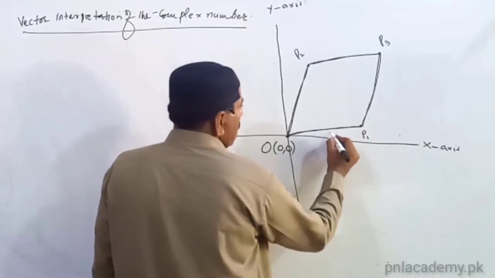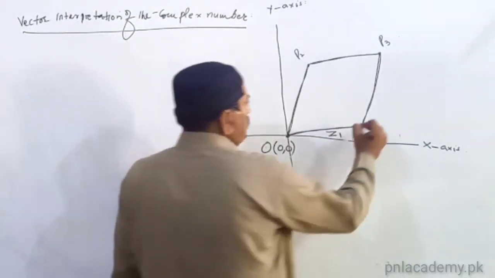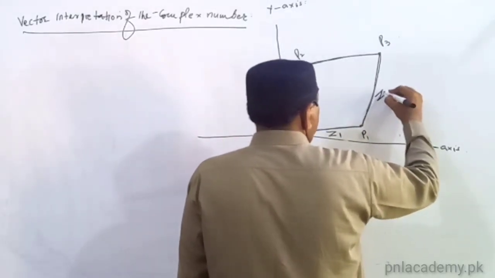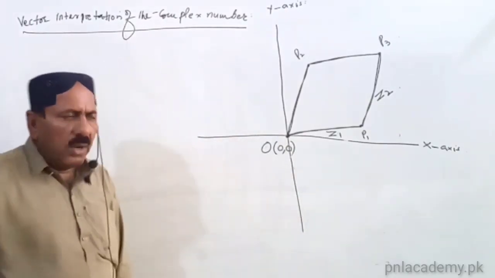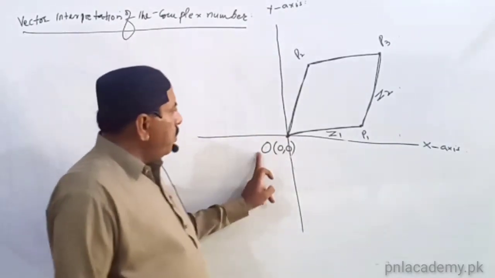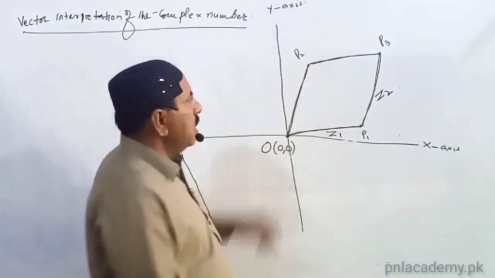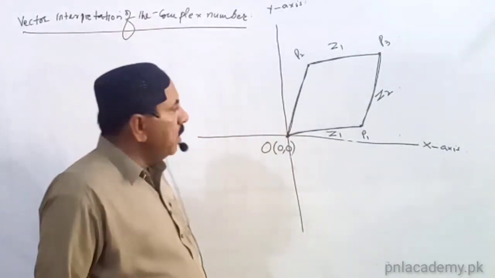O to P1, suppose this is Z1. P1 to P3, suppose Z2. Now, if this is a parallelogram, then OP1 and P2P3 are equal to each other, so this will also be Z1.